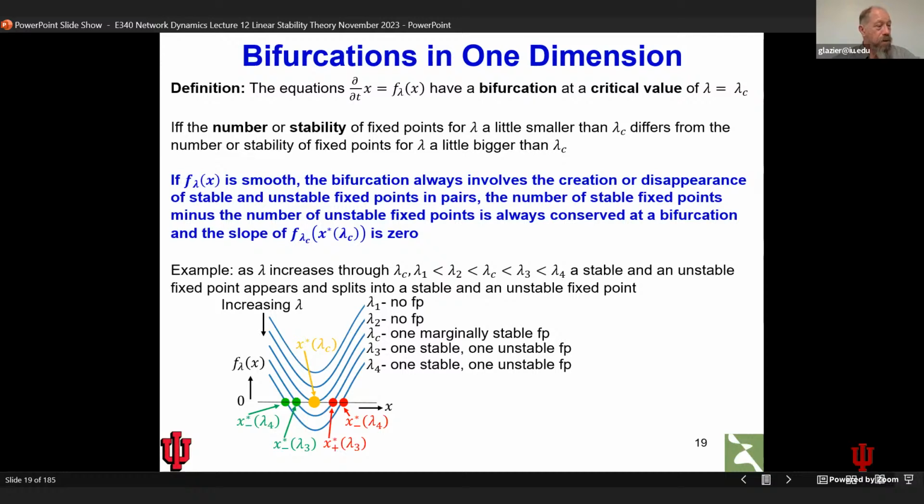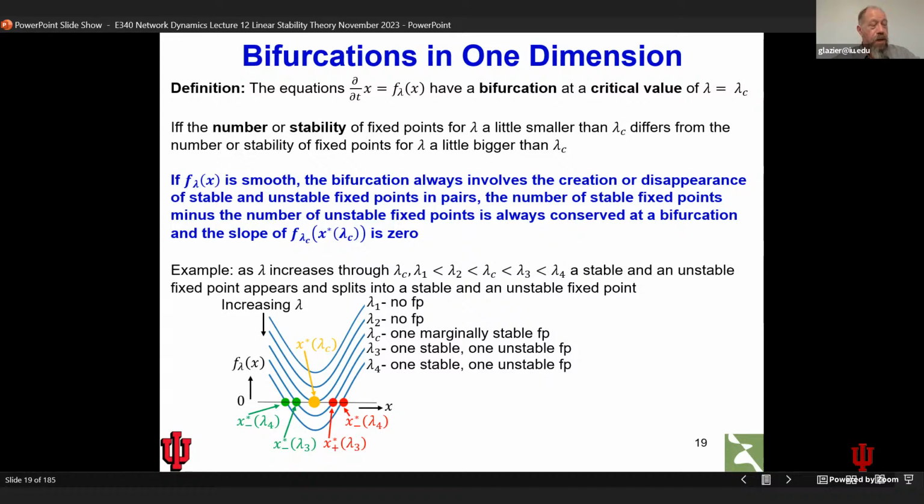It moves down. It's still not crossing the x-axis. I get to my critical value, and it just touches the x-axis. It's tangent. And that's a marginally stable fixed point. And as I've said before, to really understand what's going on at the marginally stable case, I have to do a little bit more math than we're going to do here.